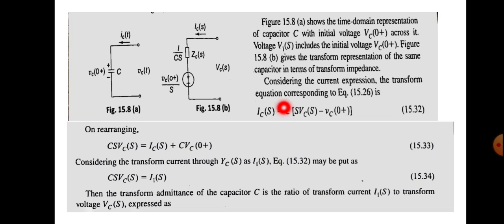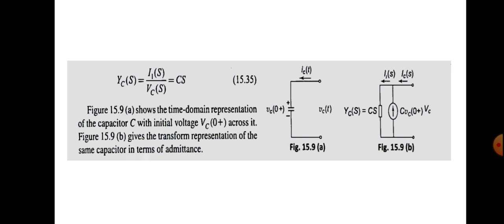The first part contains Cs, the admittance term, and the second part is another current source with the initial voltage on it, that is Vc of 0 plus. Since the minus sign is there, the current direction will be upwards. This is the transform admittance representation of the capacitor circuit, figure 15.9, which gives the transform representation of the same capacitor in terms of admittance.